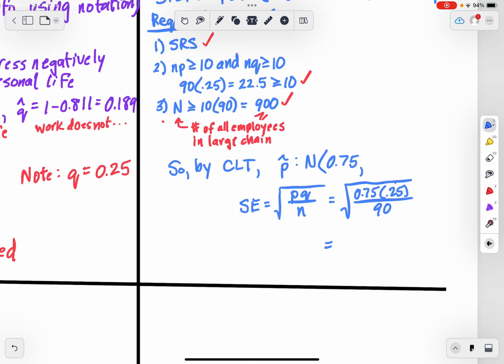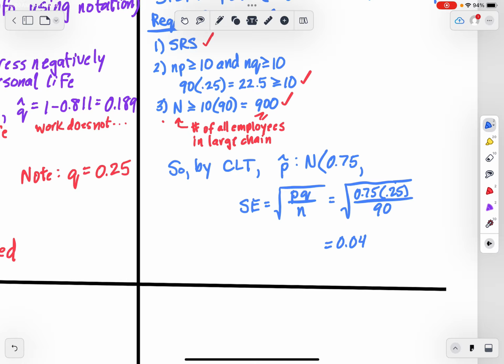And then again, like I said, make sure you go through and do these problems with me. So the square root of 0.75 times 0.25 divided by 90, I got something that didn't make sense because I think I forgot to put in my decimals. 0.75 times 0.25 divided by 90, I got 0.0456.